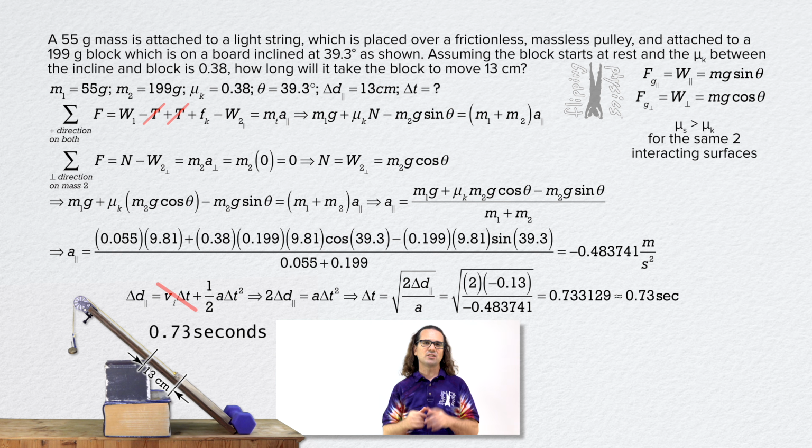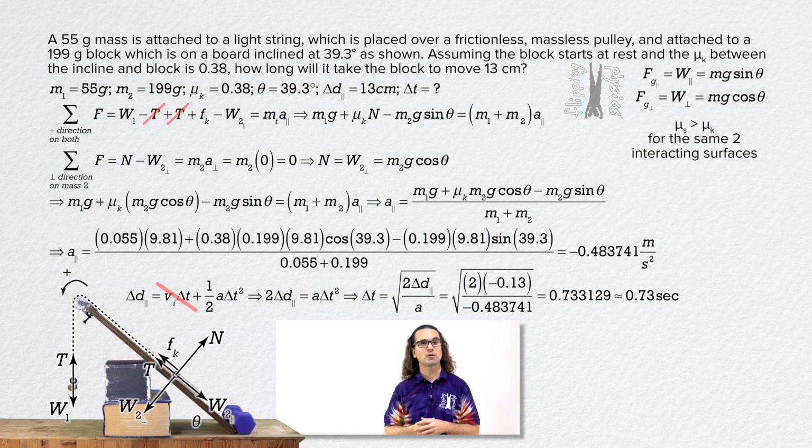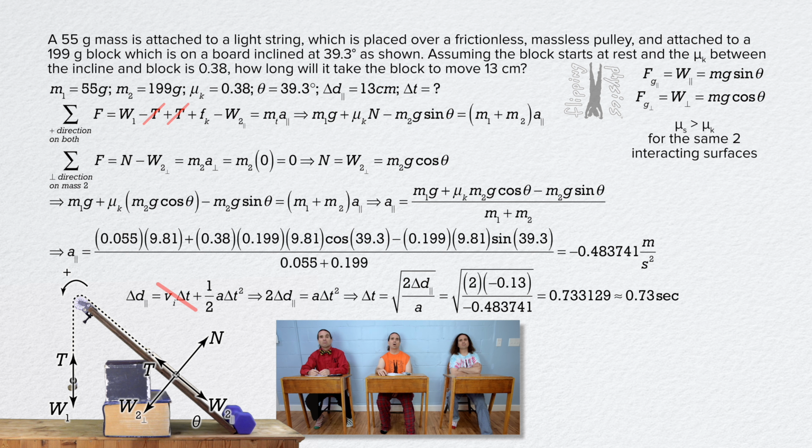Okay, now, I do want to point out that we could have determined which direction the system was going to accelerate before we summed the forces on both masses in the positive direction. Look at the free body diagrams, and I will remove the force of kinetic friction for a moment. Tell me what you see. We could compare the magnitude of weight 2 in the parallel direction to the magnitude of weight 1. Right. The forces of tension are internal to the system and cancel one another out.